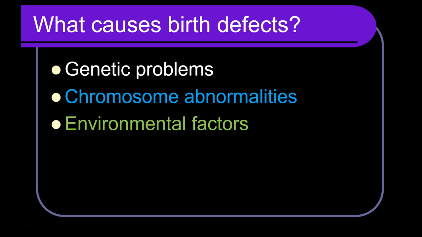And the last is environmental factors, which we discussed, such as the teratogens. So we're going to be looking at the different kinds of birth defects and which ones are caused by which particular factors.